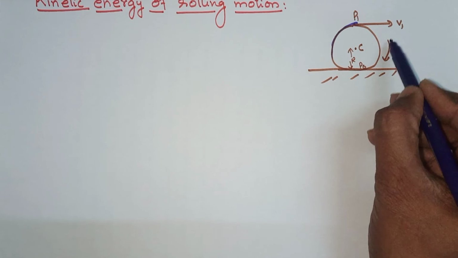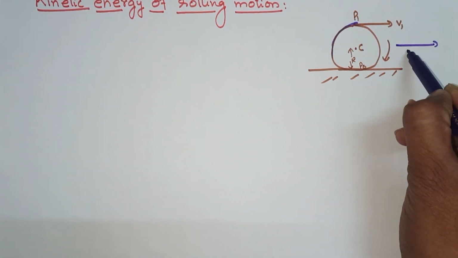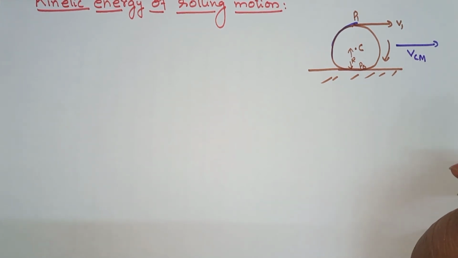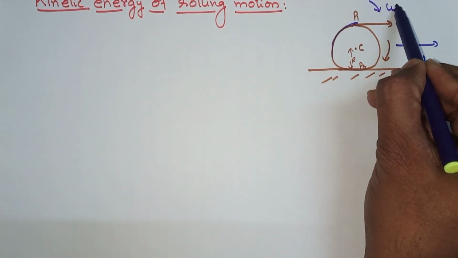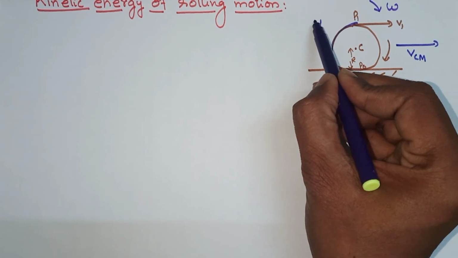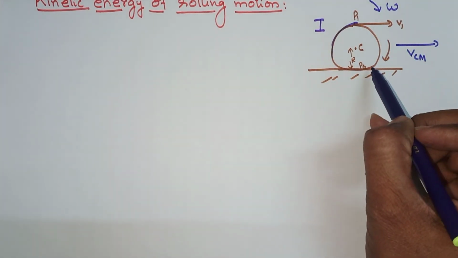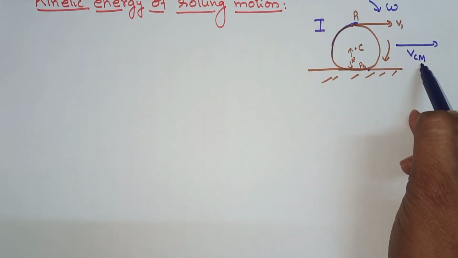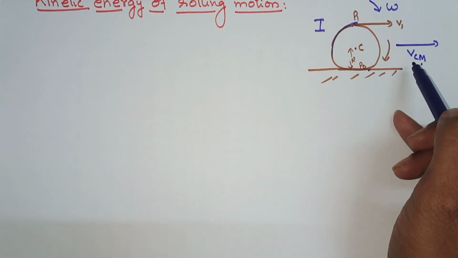When it is being rolled, it is moving with the translational velocity of the center of mass, and as well as it is being rotated with the angular velocity omega, and definitely it has moment of inertia I. So it is gaining kinetic energy of rolling, means rotational plus translational.